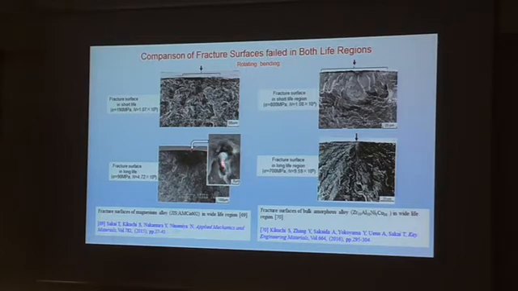This is an example of the fracture surface in the very long life region. The crack took place here from a pinpoint. However, in the short life region, the crack initiation site is not a pinpoint. Okay.